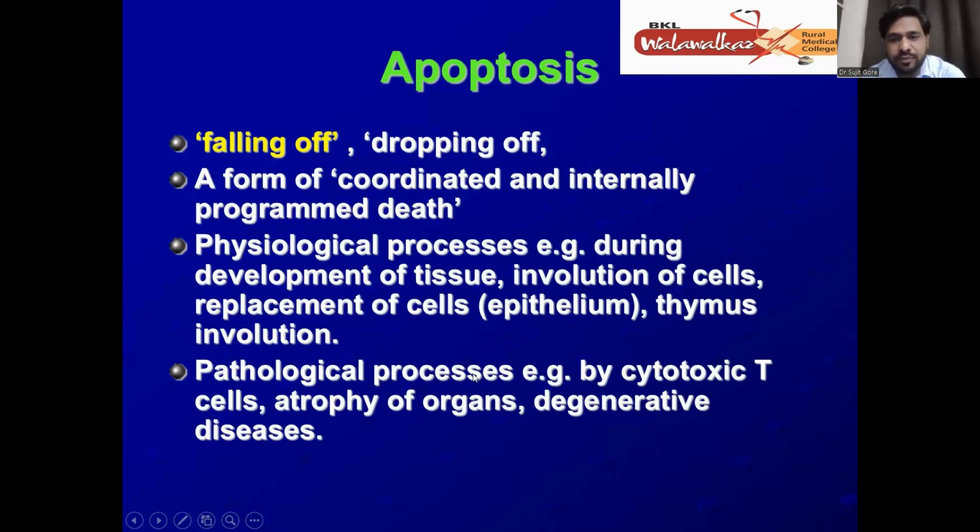Sometimes it is a pathological process, for example cytotoxic T cells, atrophy of organs, and degenerative diseases. Apoptosis may be physiological or pathological, but necrosis, keep in mind, occurs only in pathological conditions.